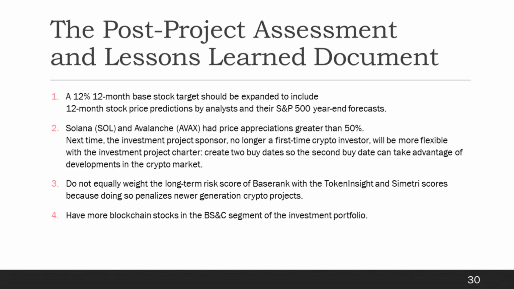A stock or stocks chosen should be expected to have a 12% price appreciation and should outperform the S&P. Stocks in my investment portfolio outside the BS&C segment are held to that standard. Furthermore, analysts' predictions can change during the year, so we must check for changes every 2 months and revise as necessary.